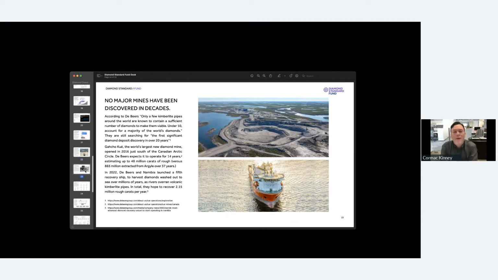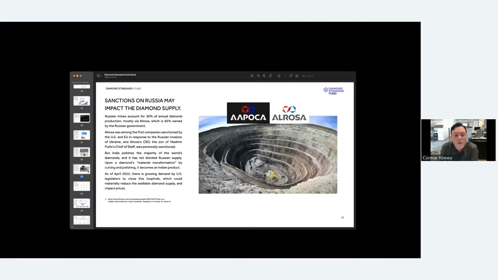The other big impact on supply has been Russia. Russia supplies about 30% by volume of new diamonds. Not by value, but volume. And generally the Russian diamonds are smaller and lower quality, but they're a huge source of supply, about 30%.